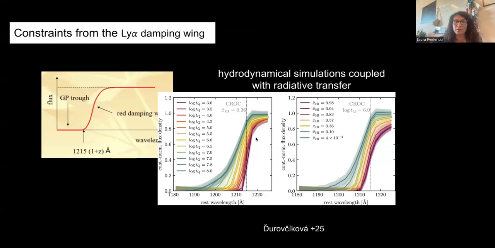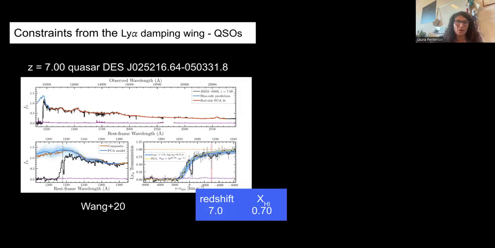To the right are some models where you can see that several parameters give degenerate effects. But nevertheless, people have applied this technique first to quasars, getting constraints on the neutral hydrogen fraction.